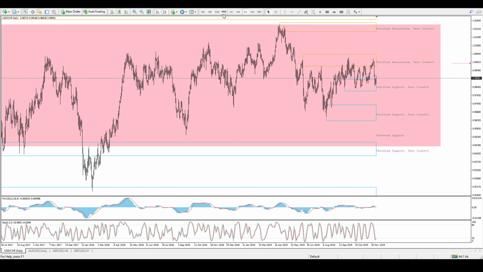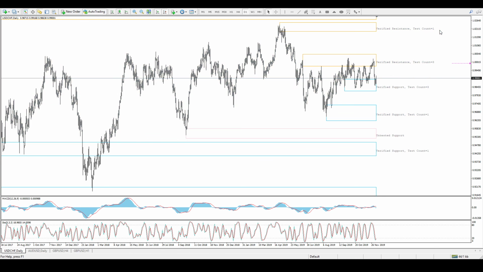Look at the daily. Let me get rid of this. This is a daily chart that I have zoomed out.